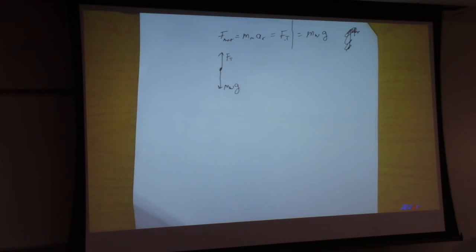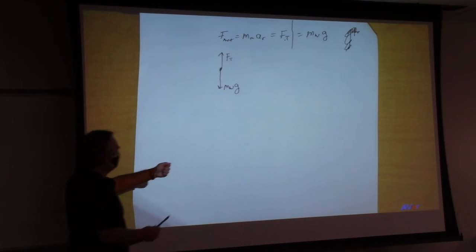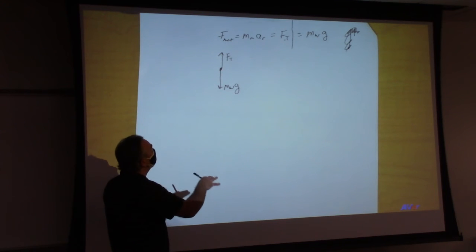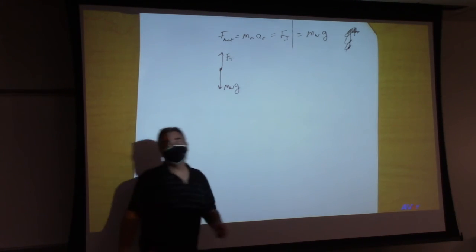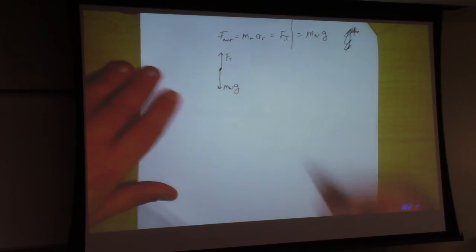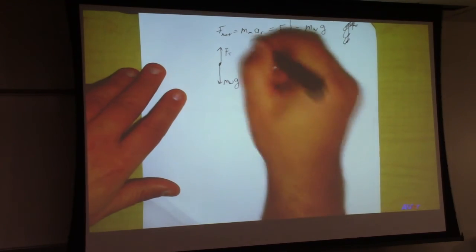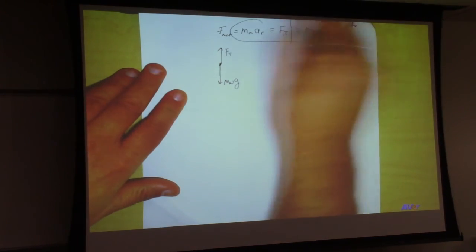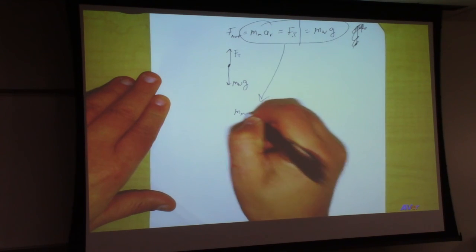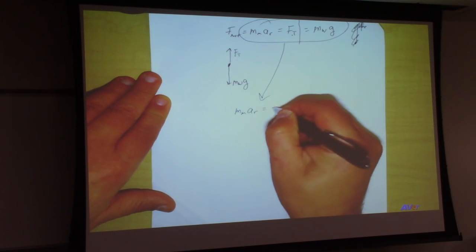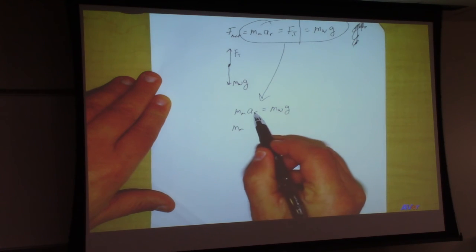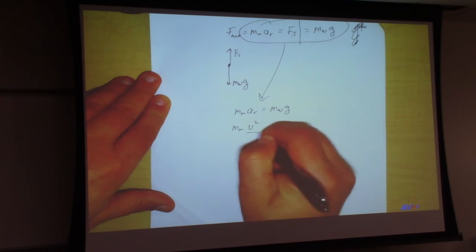So we really have two different things going on. The weight of the washer is down, tension's up. But that's the same tension that is towards the center on the moving mass. Okay, so let's see what we can do with this. I'm going to write it down here just to give myself some more room. So moving mass times radial acceleration turns out to be equal to the weight of the washers. This acceleration is v squared over r.